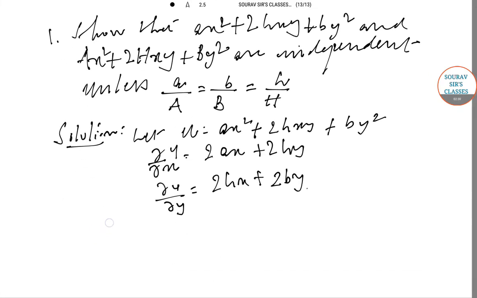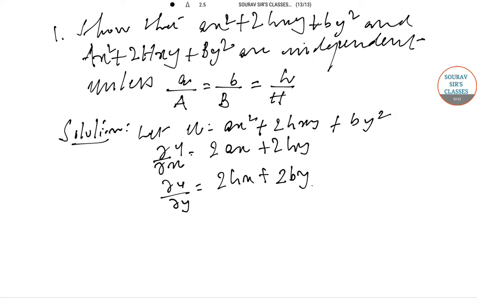And then v you have Ax square plus 2hxy plus by square, right?